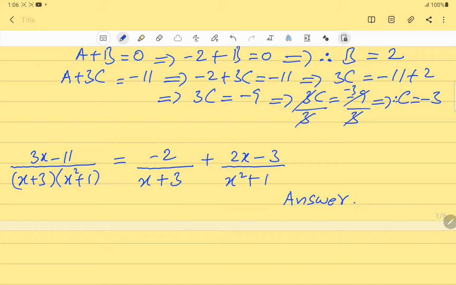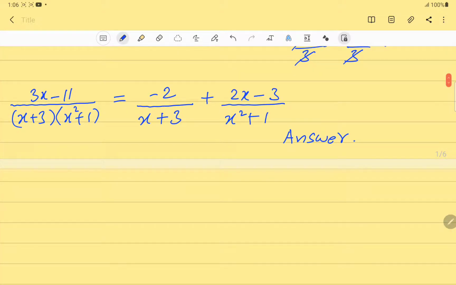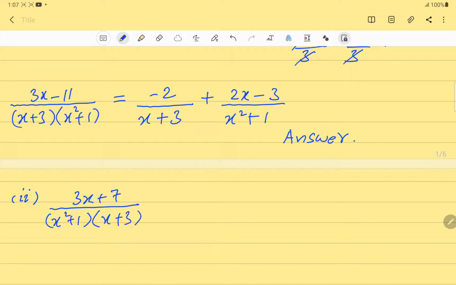Now we move on to our second question of this video, that is (3x + 7) over (x^2 + 1)(x + 3). Again we will check the degrees of x in the numerator and denominator and see if the numerator is lesser than the denominator or not.